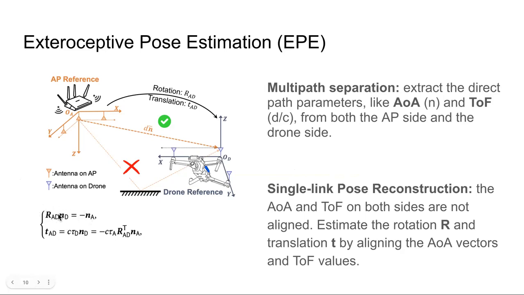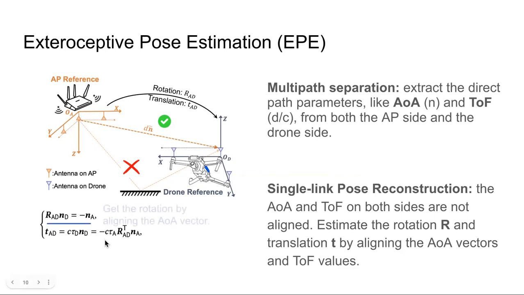This tells us that the direction n_A at the access point antenna, multiplied by the rotation, gives the opposite direction at the drone. And for time of flight, T is translation, not time, which is the 3D offset from the access point to the drone.